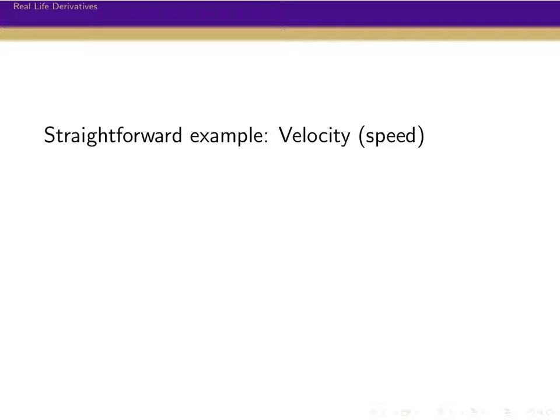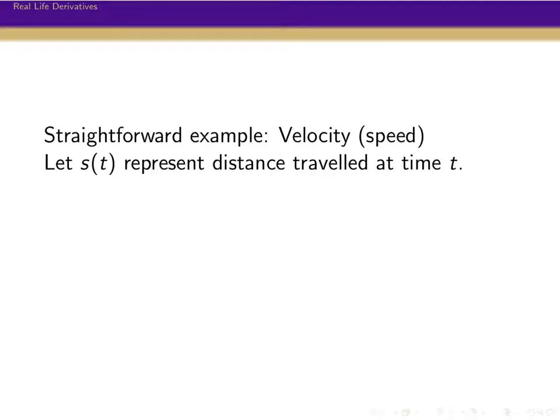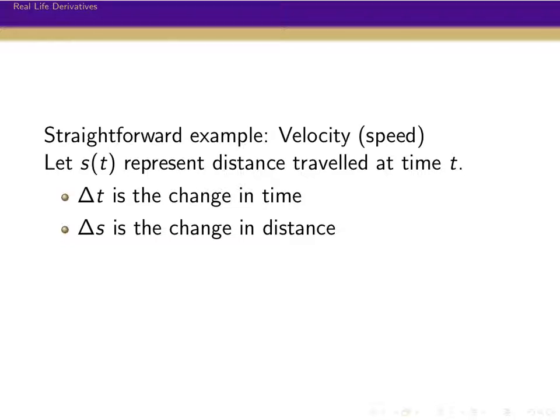So let's do a straightforward example. Let's be thinking about velocity, same idea as speed. For this we're going to let s of t represent the distance traveled at time t. So delta t is talking about the change in time, and delta s is going to be the change in our function, which here is talking about distance.